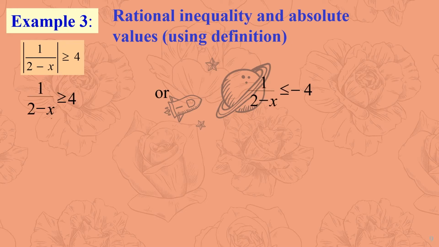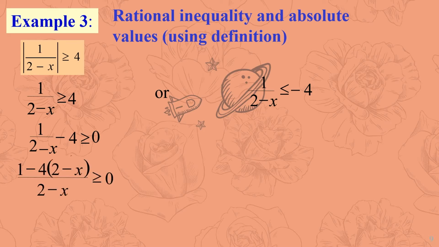So basically, we can write it as this. We solve one by one. Okay, 4 brought to the left will give us negative 4, and then we want to equalize the denominator here.